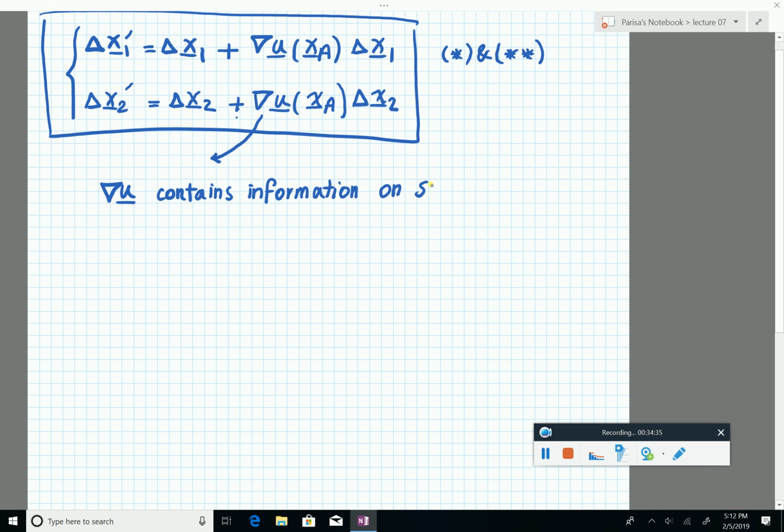Okay, so we are getting one step closer. Our goal is to relate displacement and a strain. And now we kind of know that the gradient of displacement seems to be playing a big role here. And this is what Kinsley was telling me like 10 minutes ago. And I said, you are jumping the gun. You are going far ahead of what I want to tell you. Now, I am very careful here. I say this contains information about a strain, but I'm not telling you that the gradient is equal to a strain.